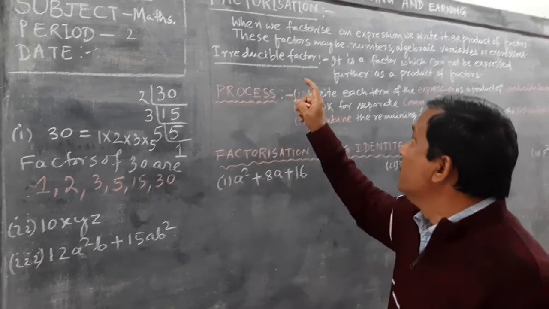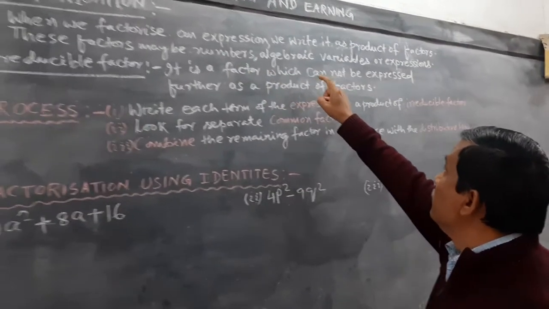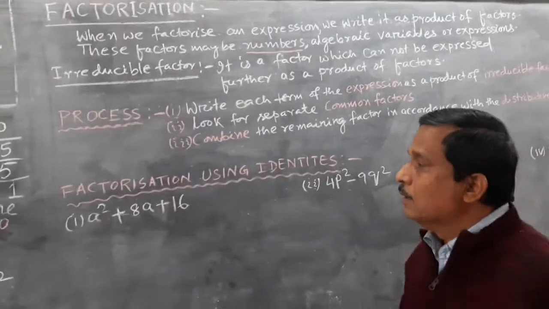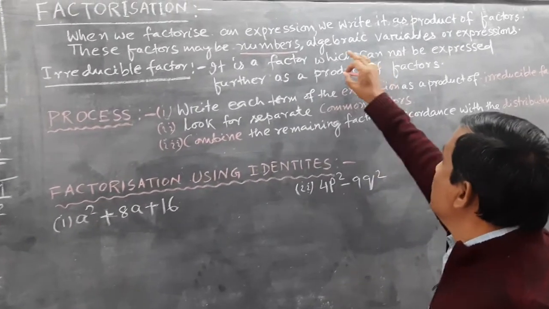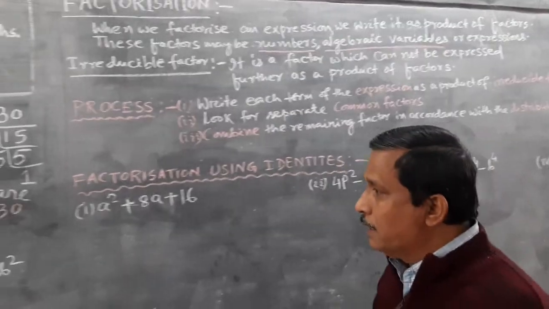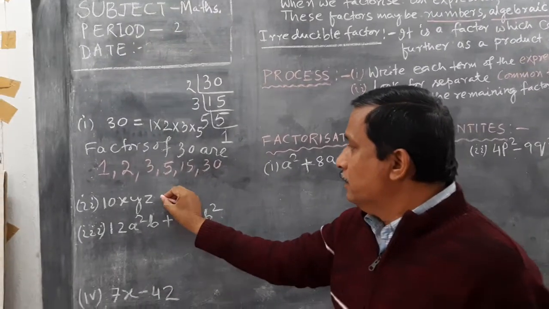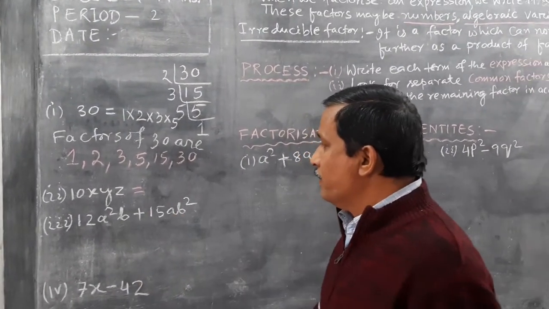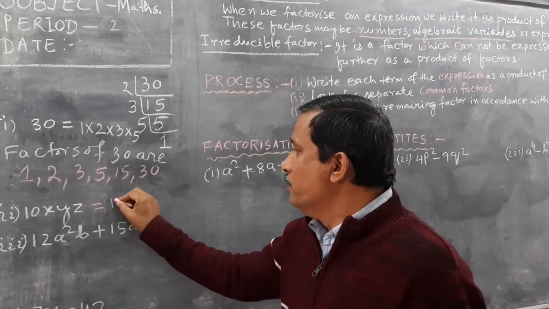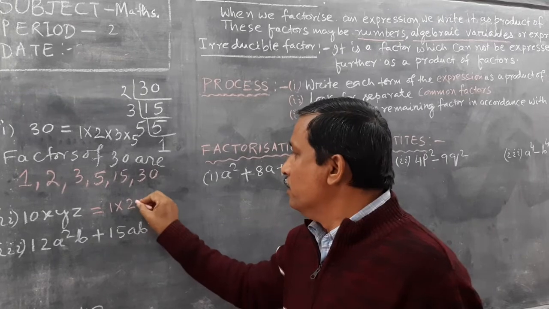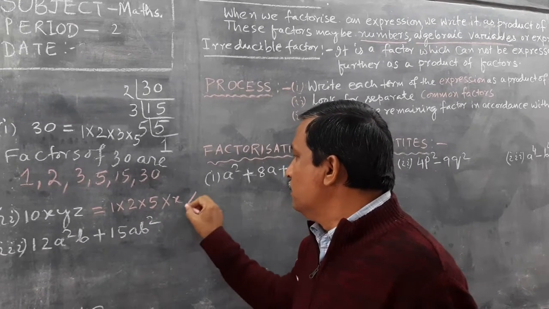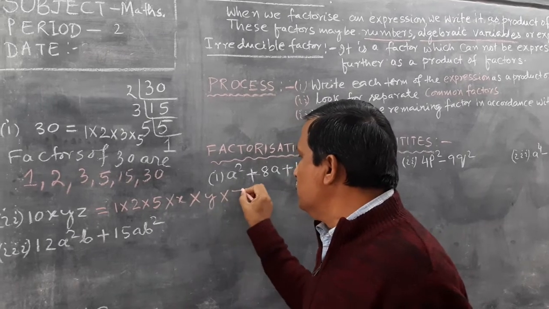So I have written here that the factors may be numbers. So these are your numbers. Again, there are also algebraic variables. So you see the second example, 10xyz. You can write this as 1 into 2 into 5 into x into y into z.